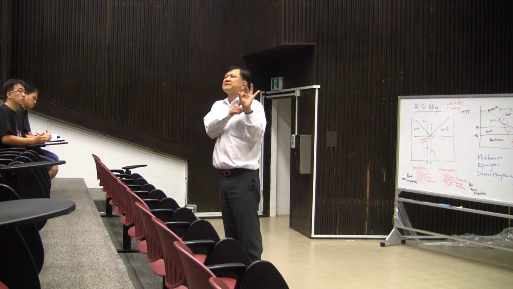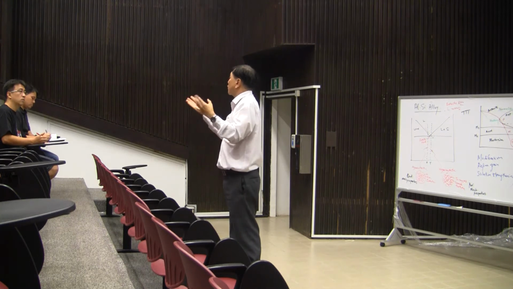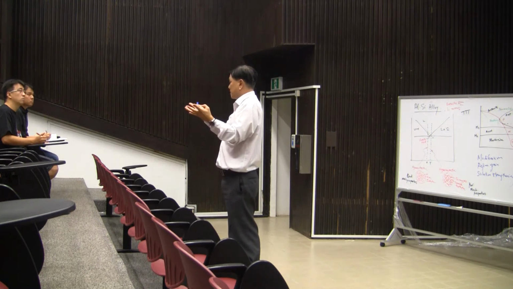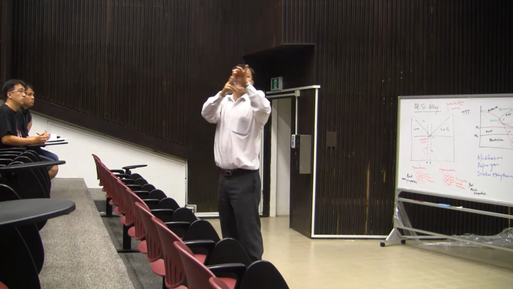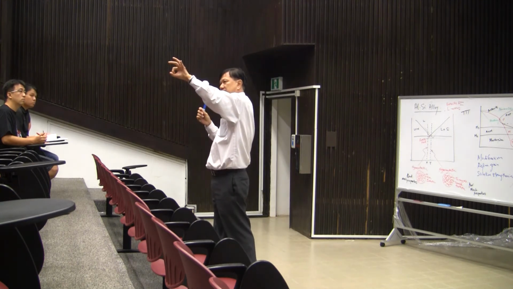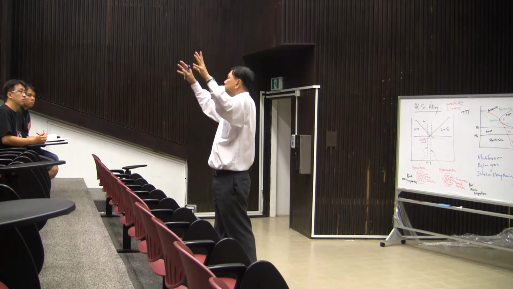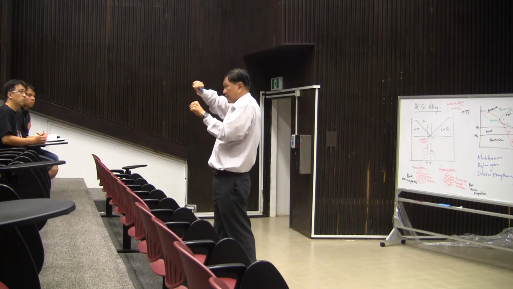When it first starts to form, it is part of the matrix, so it is coherent. As this coherent precipitate grows bigger, it will create more and more distortion. So you find your strength will what? Increase.